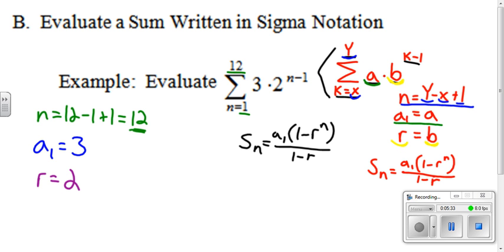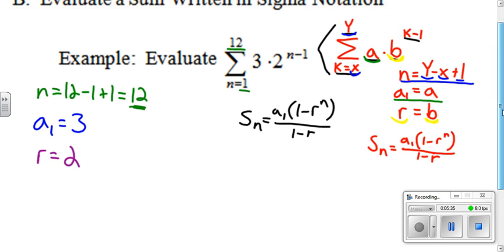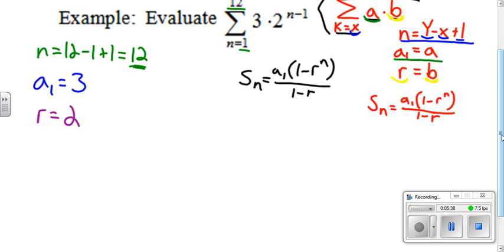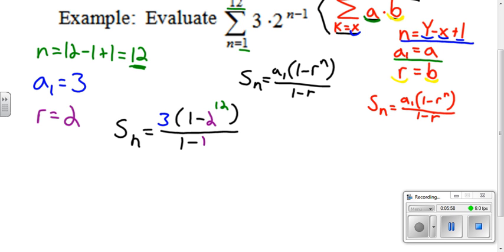So now we know all the values we need to plug into our original formula. When we do that, we have S sub n equals a sub 1, which is 3, times the amount 1 minus r, which is 2, to the power of n, which is 12, all over 1 minus r, which we said was 2. So again, we have everything set up.